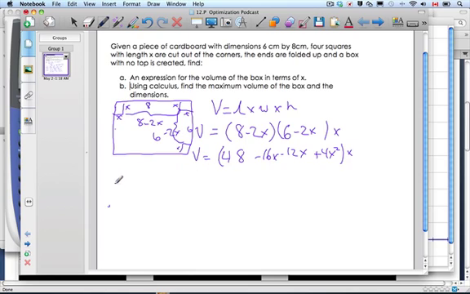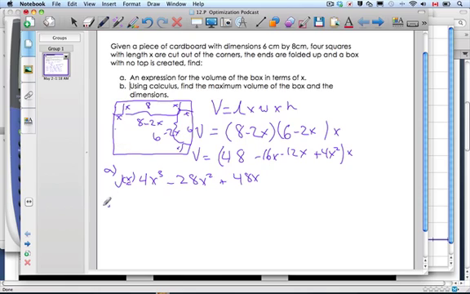Putting it all together in order of exponents, I get 4x cubed minus 28x squared plus 48x. So part A is completed: an expression for the volume of the box in terms of x. Now volume is a function of x, V of x.